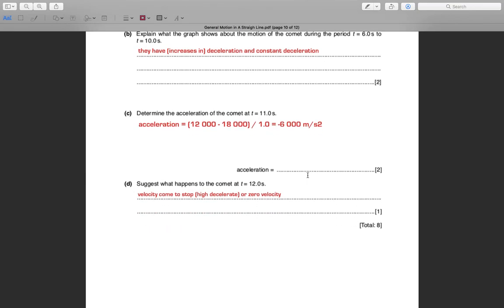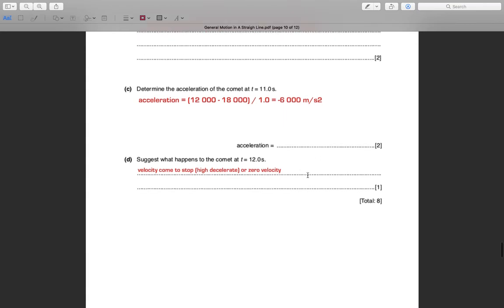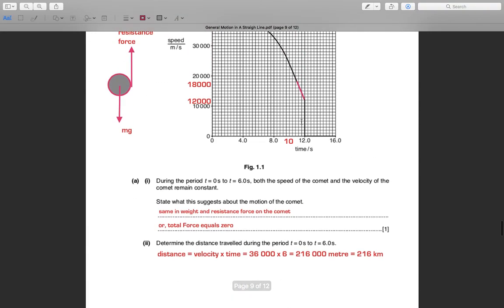Suggest what happened to the comet between 10 and 12 seconds. Yes, in the 12 seconds this is actually extreme deceleration.